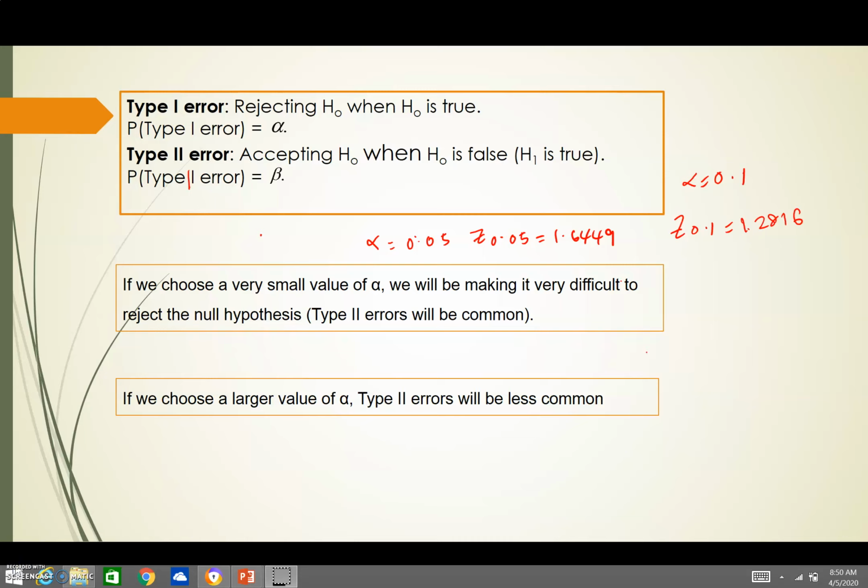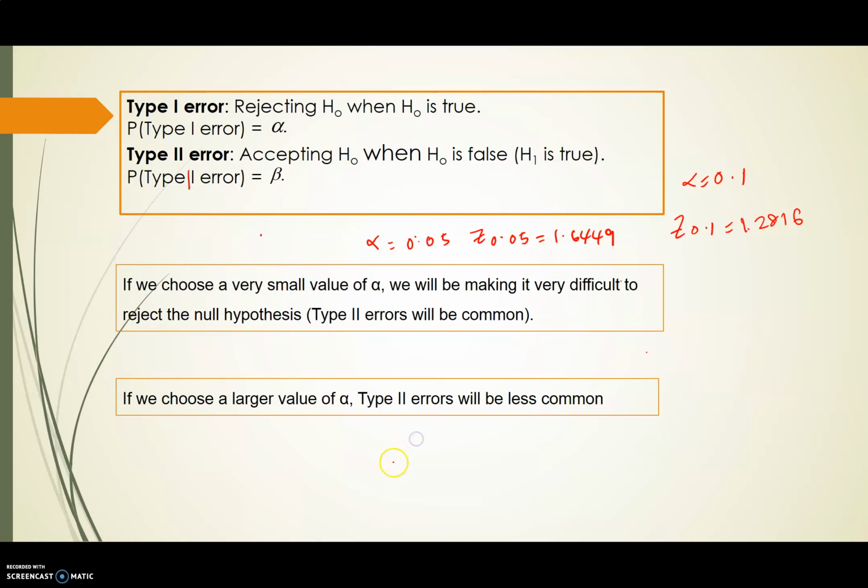So if we compare the area of our rejection region, this is 1.6449 and this is 1.2816. If our z-test is greater than z alpha, we will reject H0.